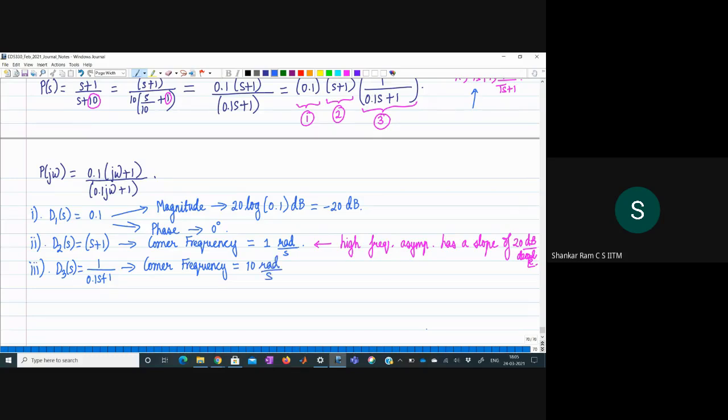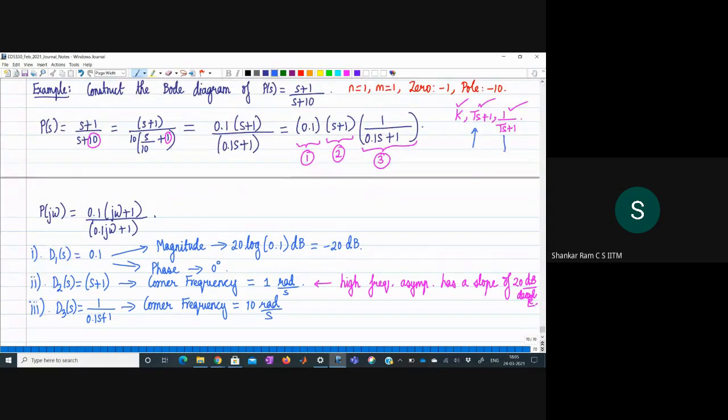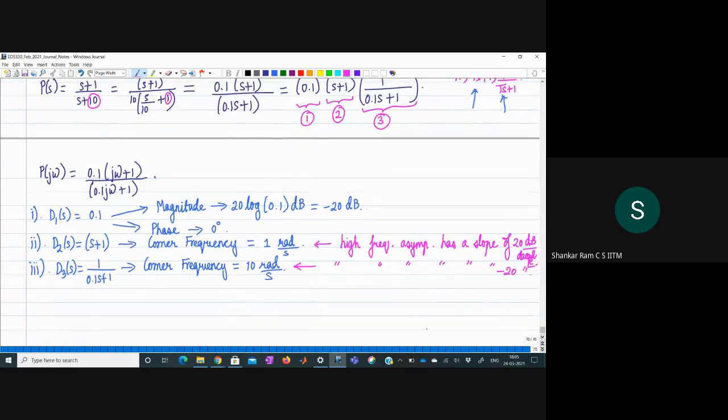Because we compare it with the factor 1 by (Ts plus 1), so capital T is now 0.1, and 1 by T will be 10. So consequently, the high frequency asymptote will have a slope of minus 20 decibels per decade. So these are the three factors that we will have.